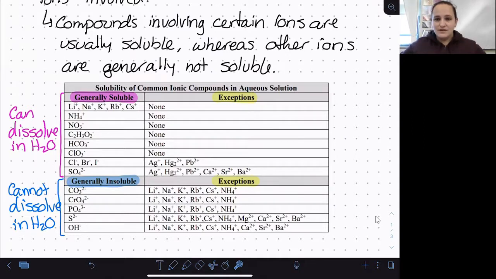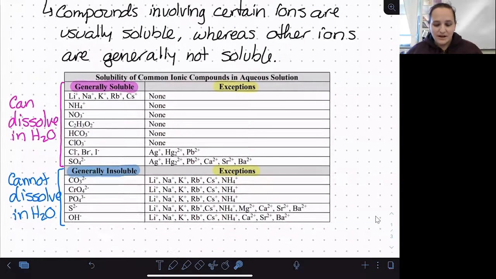Having these rules allows us to make predictions about whether or not a given reaction is going to form a precipitate. So let's look at a couple examples of how we predict whether or not a compound is going to be soluble and use that to figure out whether or not you will have a precipitate form in a chemical reaction.